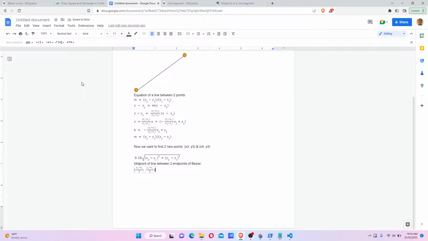Okay, so now we got that control point. Well, that's not a control point actually, that's the midpoint.